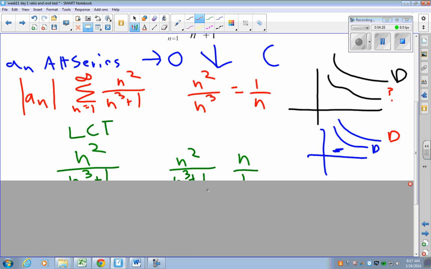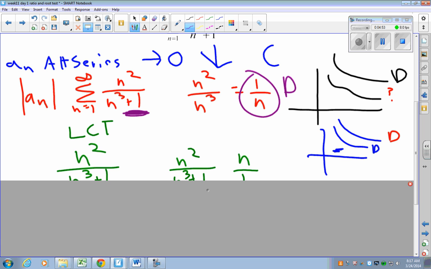So if I was going to attempt the direct comparison test, do we all agree that immediately this guy is divergent? By the p-series, p is 1, it's divergent. It's the harmonic series. And now let's look here. What happens when I take away the plus 1?